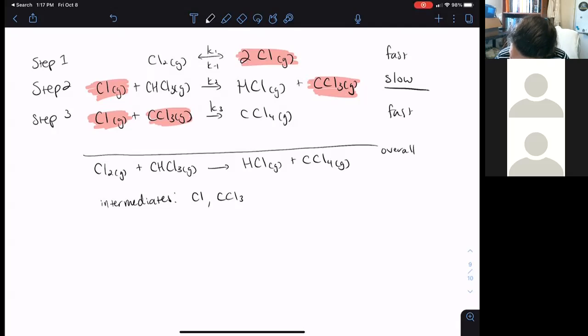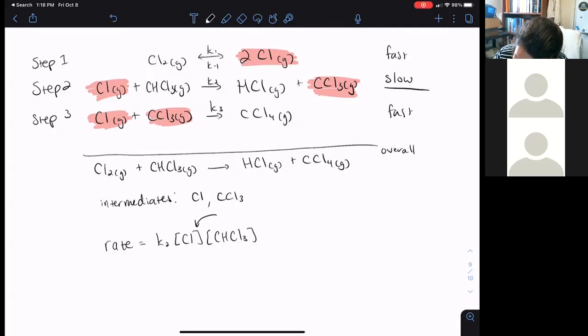So it is a bimolecular process. And our rate is equal to K2 Cl CHCl3. And this is what we're going to have to rewrite. How did you get that rate for that?